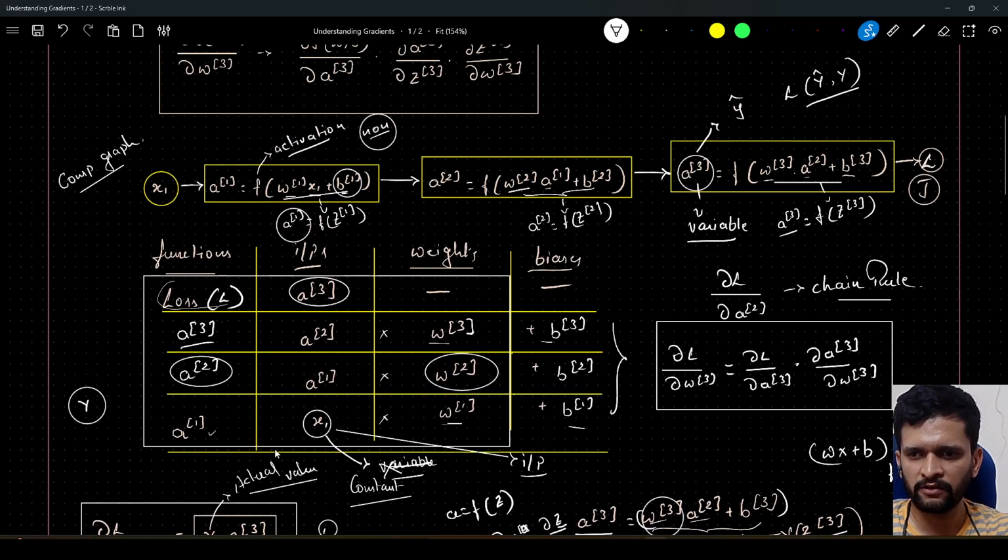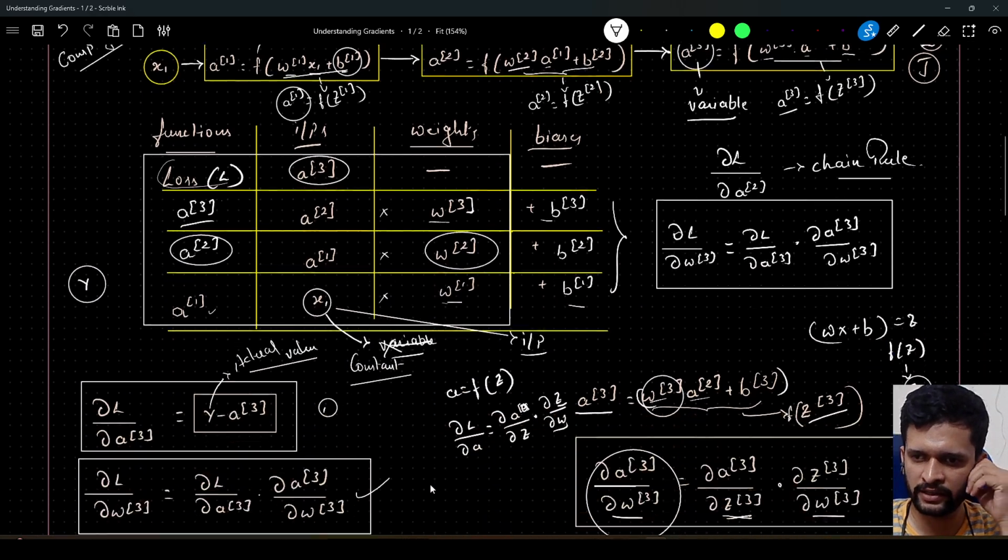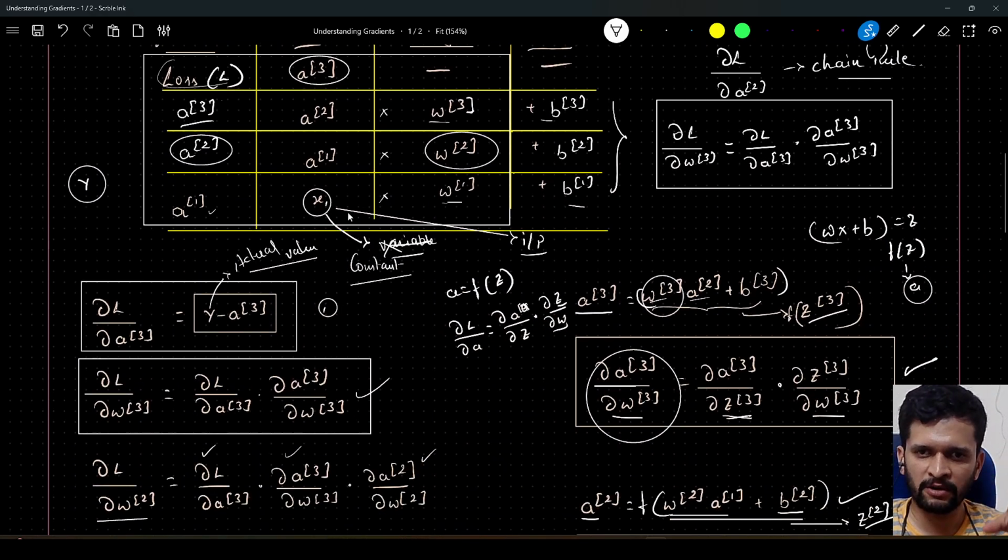Now comes the part where things get a bit complex, when we have to calculate the gradients at this particular layer, that is dl by dw2. In order to calculate this, this table will help us greatly. So that's why I have written this table. We have to calculate the effect of change of W2 on loss. That's what the gradient at layer 2 indicates.